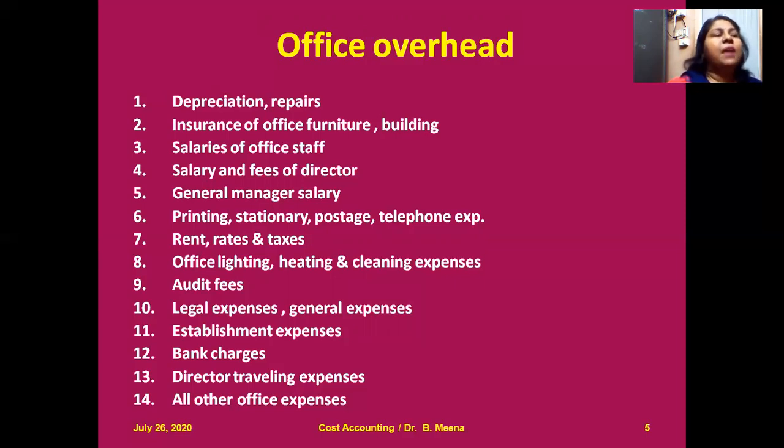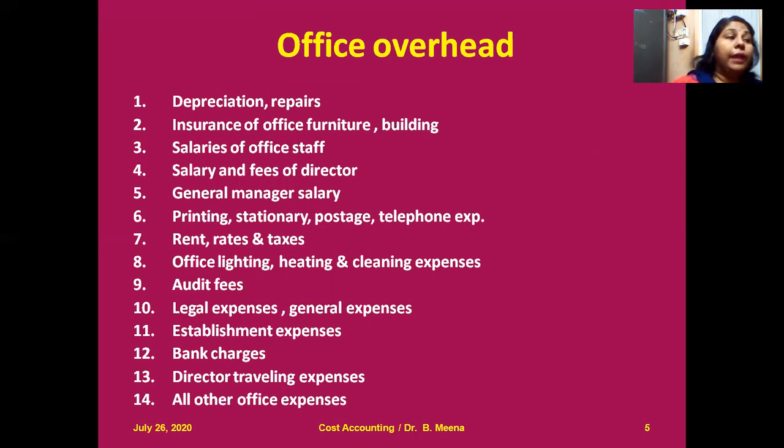But in this first example, which I listed under office overheads, this is depreciation on the office furniture, repairs on the office furniture. Okay, so whatever depreciation is applicable on office related assets, that will come under office overheads.